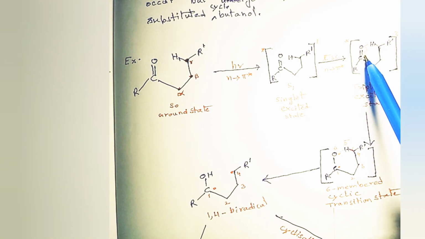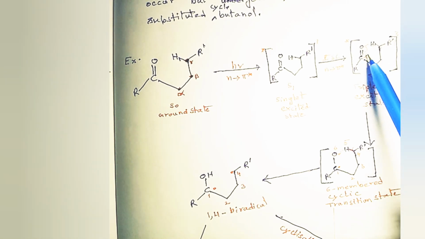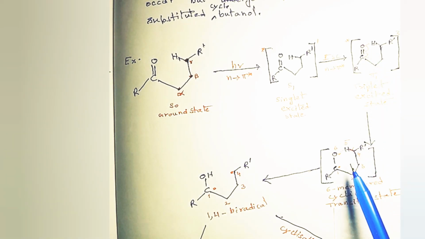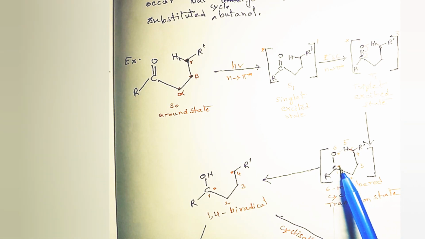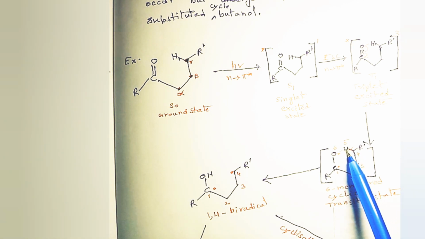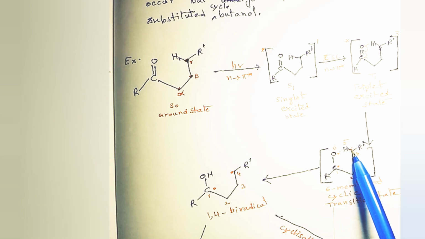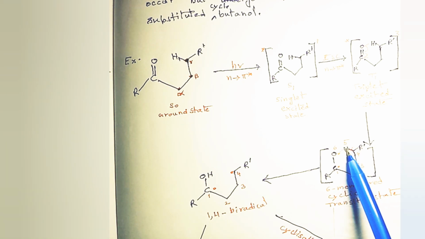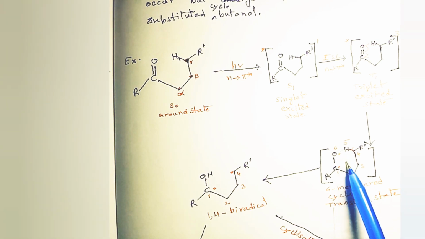In the triplet excited state, the pi bond between carbon and oxygen cleaves to give us a radical on oxygen and a radical on carbon. Now the bond between gamma hydrogen and gamma carbon starts breaking and a new bond between gamma hydrogen and oxygen starts forming.